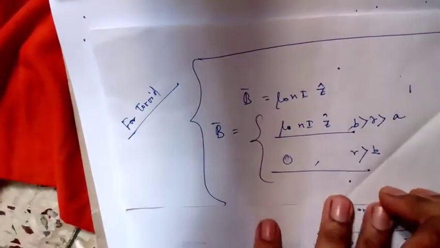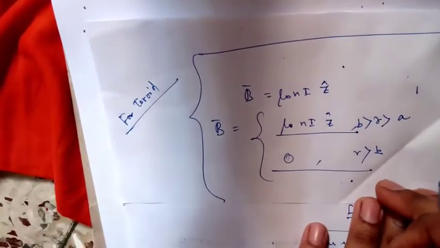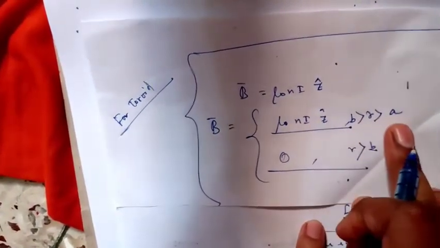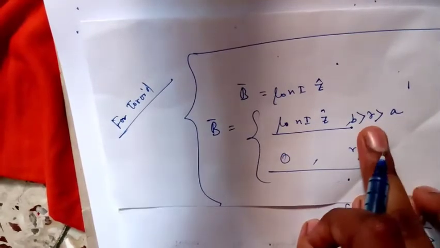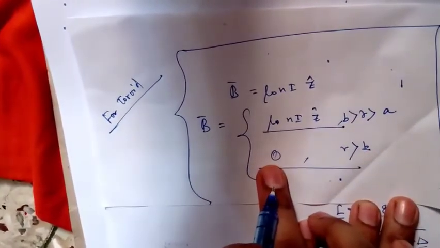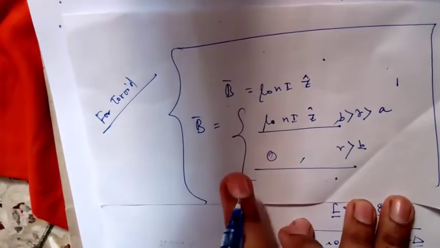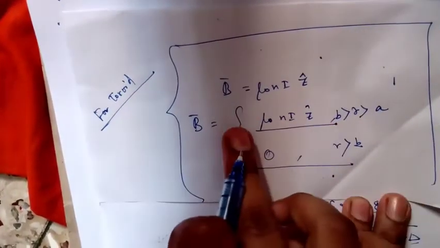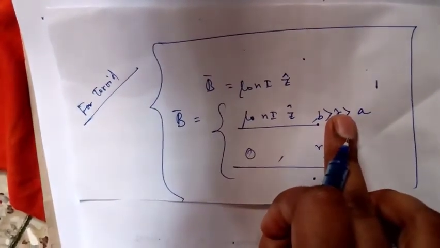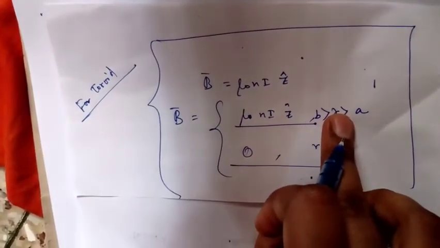In brief, the magnetic profile of a toroid is this: B equal to mu 0 n I z cap when r is greater than A, that is inner radius, but less than B, that is outer radius, and at the outside point it will be 0. So this expression looks similar to the case of a solenoid. So we can safely say that a toroid is an endless solenoid.